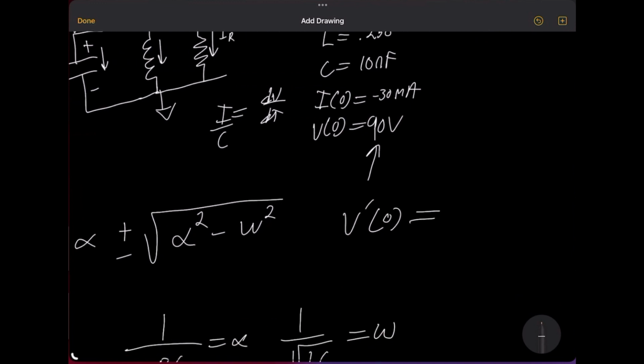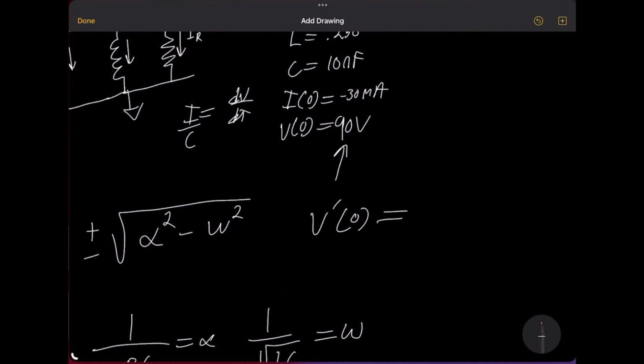So negative 0.006 divided by the capacitance, 10 times 10 raised to the negative ninth, gives negative 600,000.